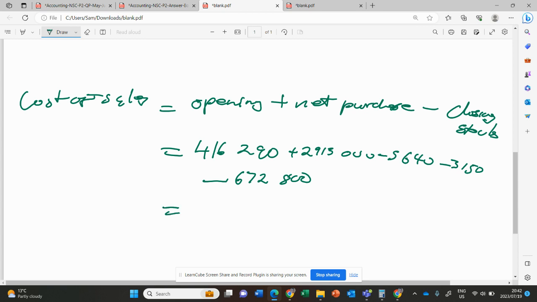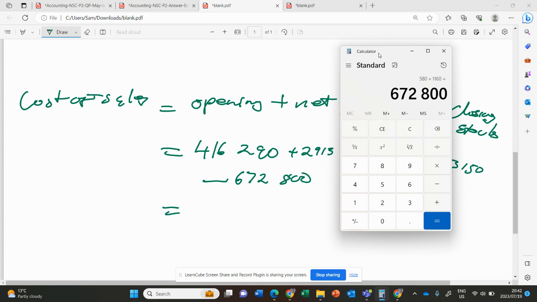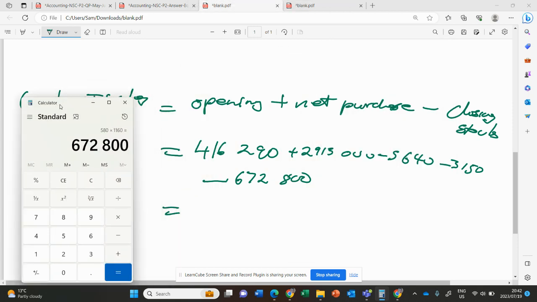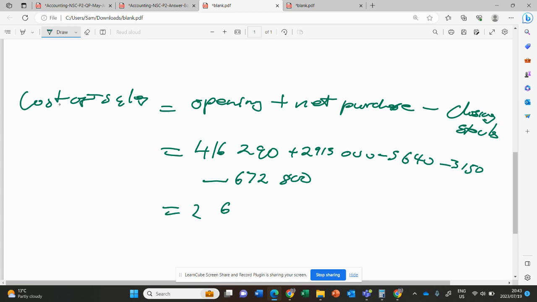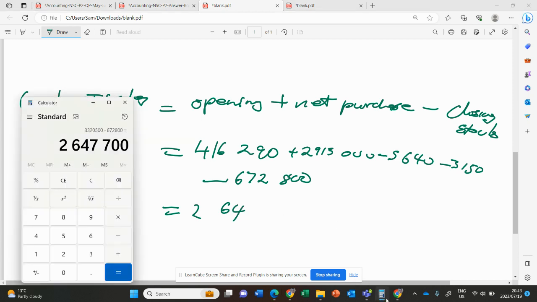We implemented our formula. Then let's calculate the answer for the cost of sales. That would be 416,290 plus 2,913,000 minus 5,640, then minus 3,150, minus 672,800. Then that is 2,647,700.